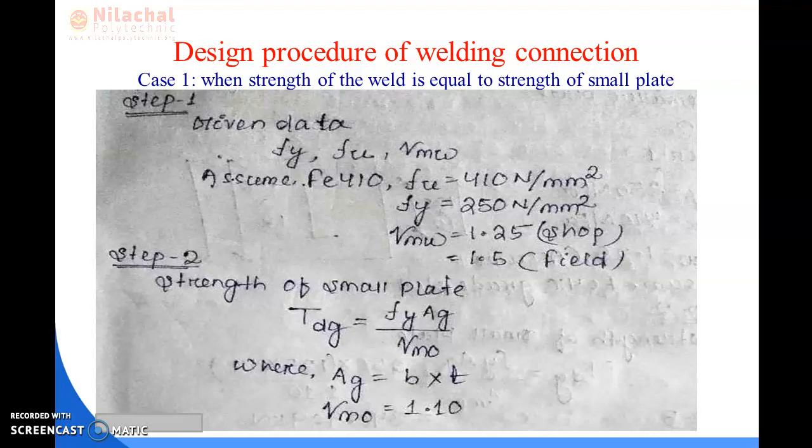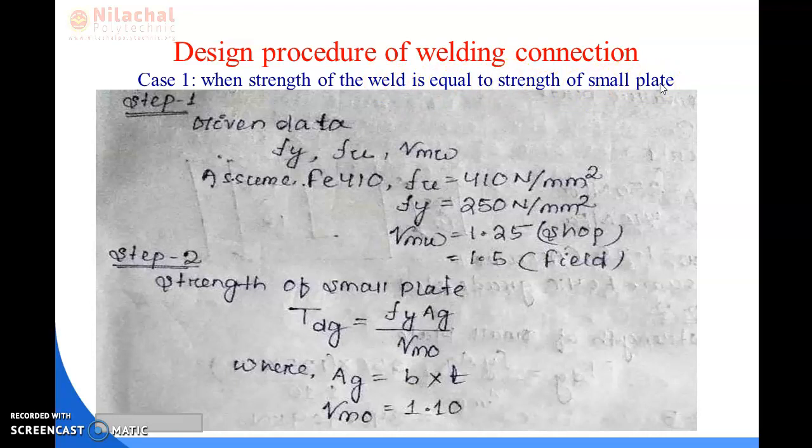You can see there are three types of cases according to which you have to solve the numericals and find out the design strength of the welding. First of all, we will go for case 1, which is when the strength of the weld is equal to the strength of the smaller plate.